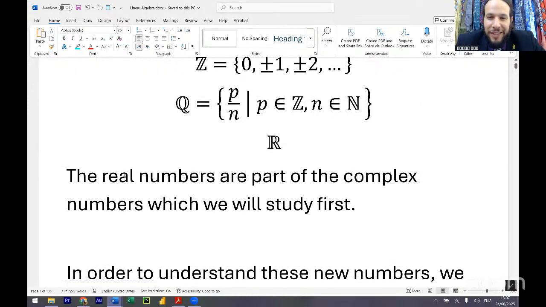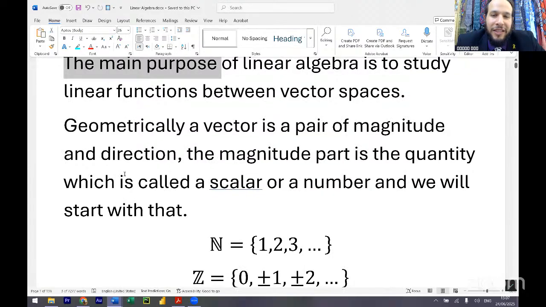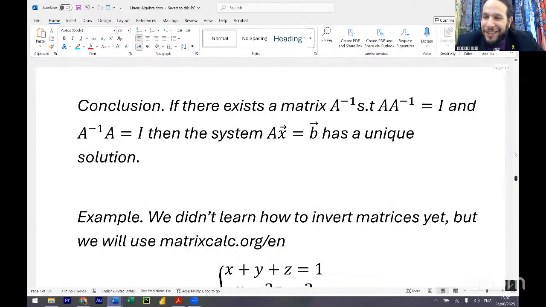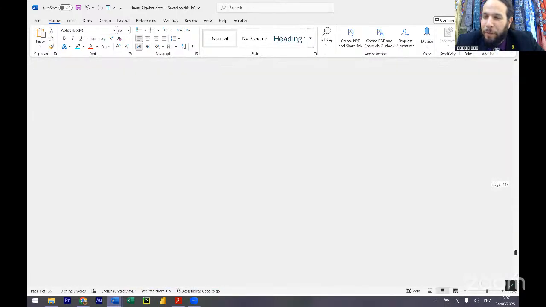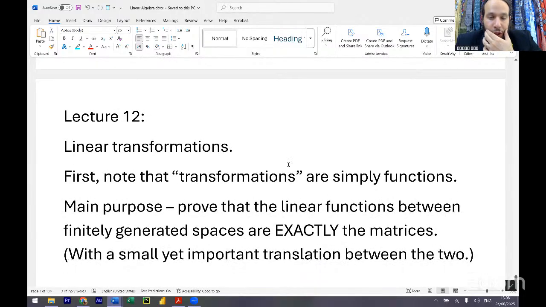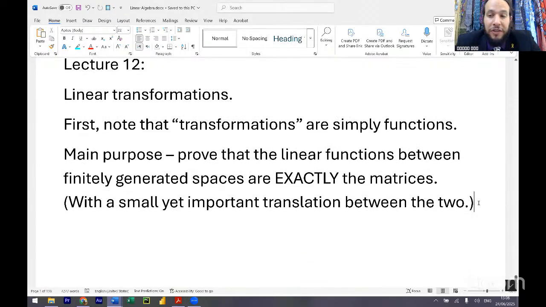I didn't say at that point that the matrices are the linear functions, but I'm sure I said it sometimes. That's okay. So without further ado, because we talked about it a lot, I'll go straight to the definition.